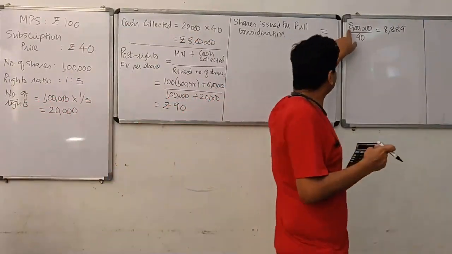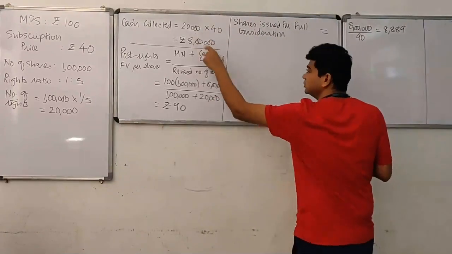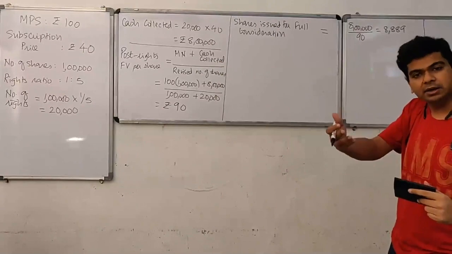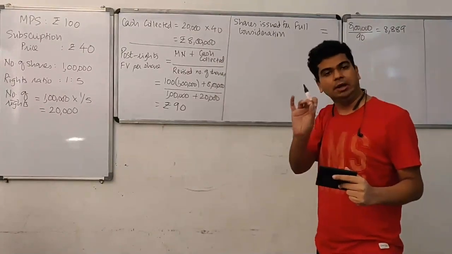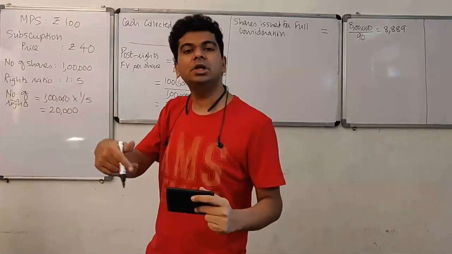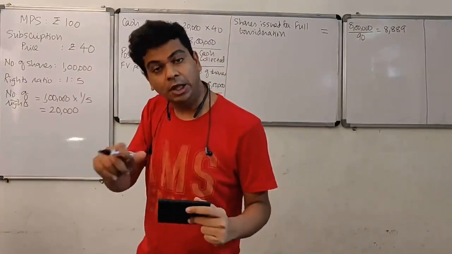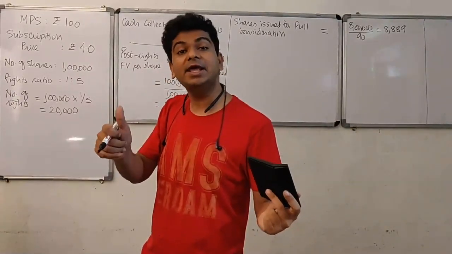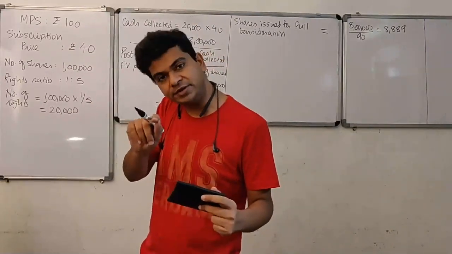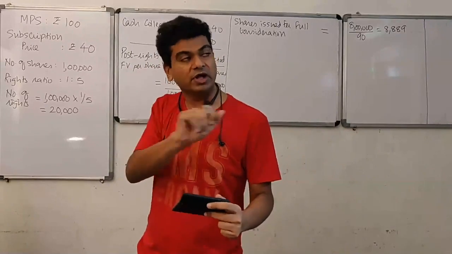To collect 8 lakhs, you issued 20,000 shares, but actually that 8 lakhs could have been collected simply by issuing 8889 shares. In other words, the additional shares that you have issued, you are not receiving any consideration for it. These will be considered to be shares without consideration.